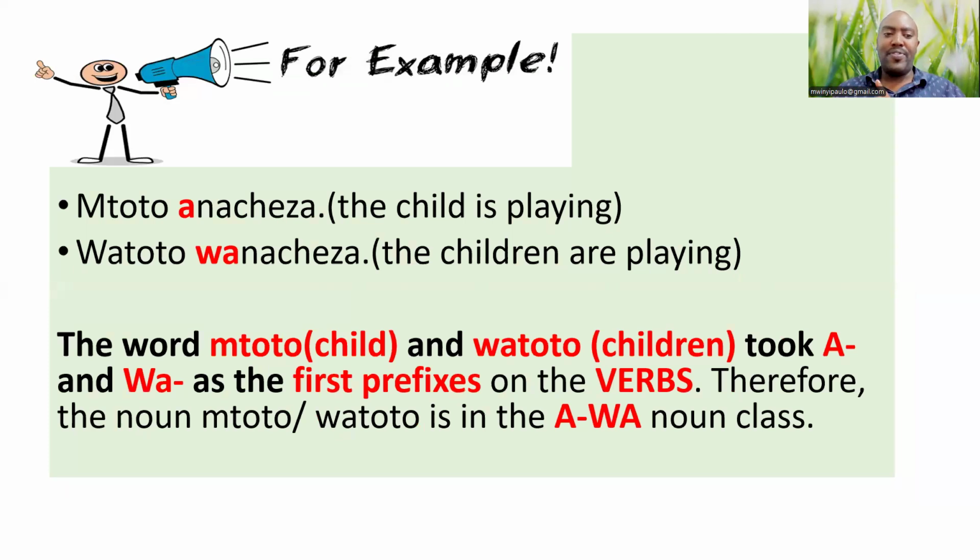Let me show you an example for you to understand what I mean. I have an example of a sentence that I'm displaying on your screen. Mtoto anacheza. In English, it's the child is playing. Mtoto is a child.